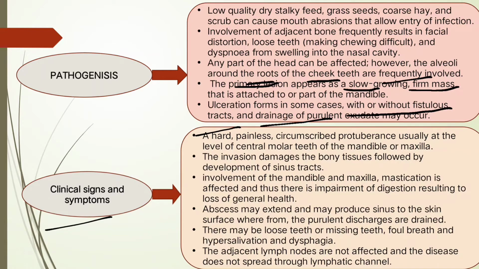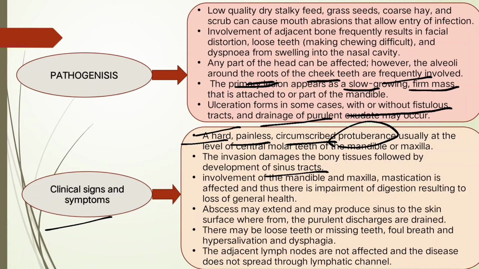Clinical signs and symptoms include a hard, painless, circumscribed protuberance, usually at the level of the central molar teeth of the mandible or maxilla. The disease starts from the central molar teeth of the mandible. Invasion damages the bony tissues, followed by development of sinus tracts.